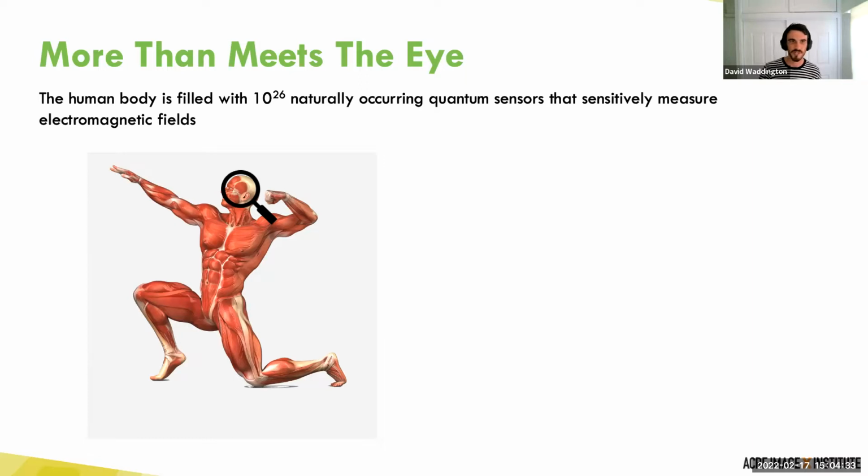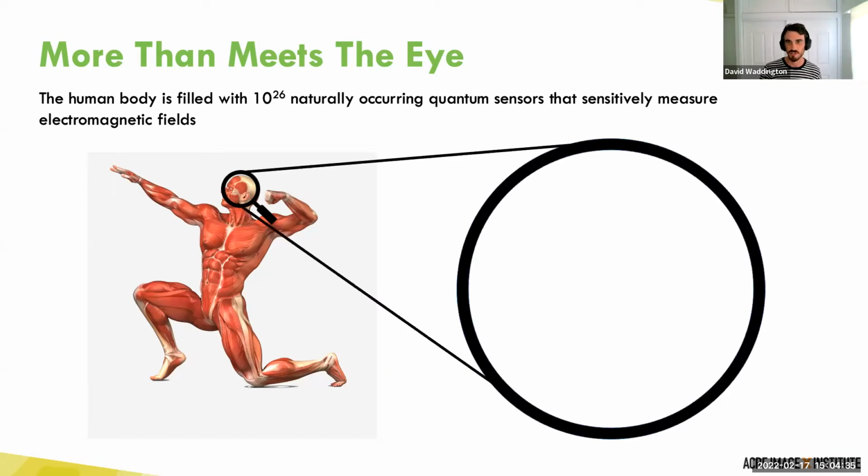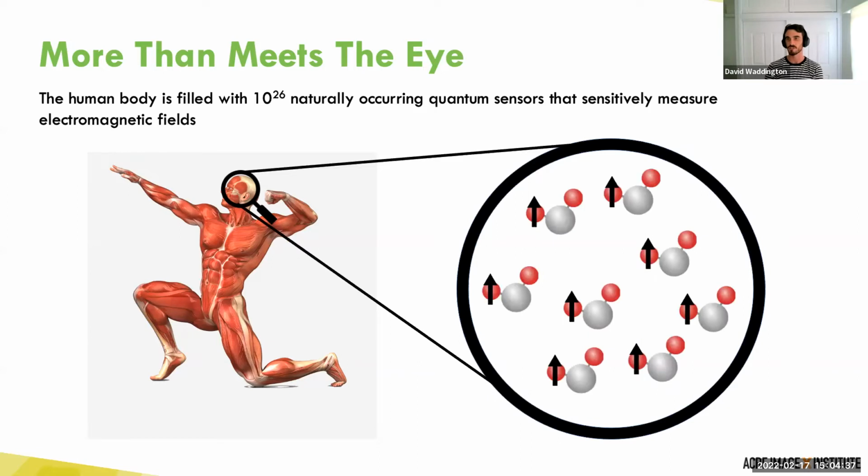And what are those quantum sensors? Well, they're hydrogen nuclei. And the greatest source of hydrogen nuclei is in water molecules, which, I mean, we're 70% water, and there are 2 hydrogen nuclei for each water molecule, so that's a lot of hydrogen nuclei.